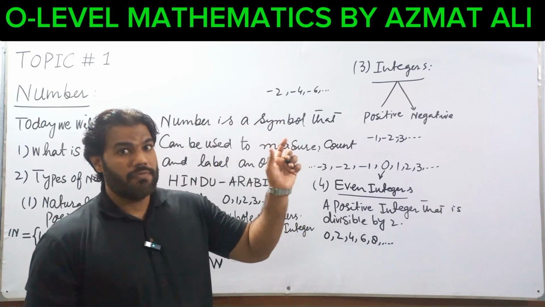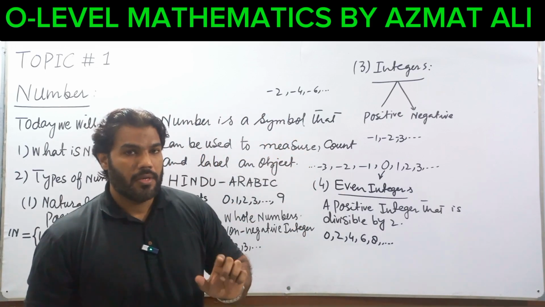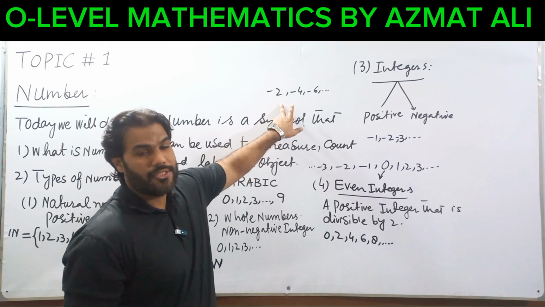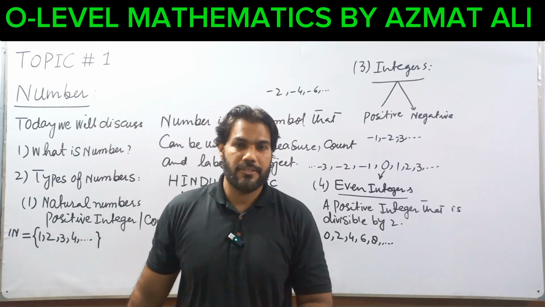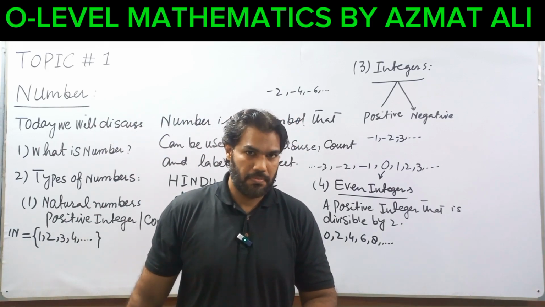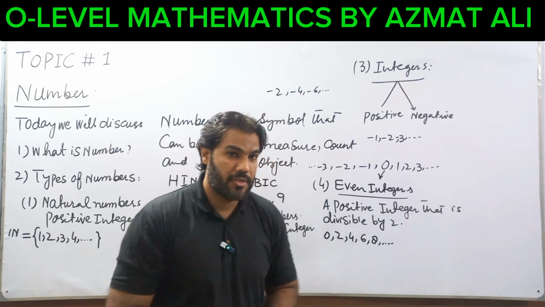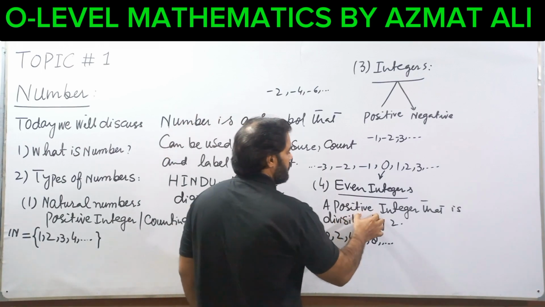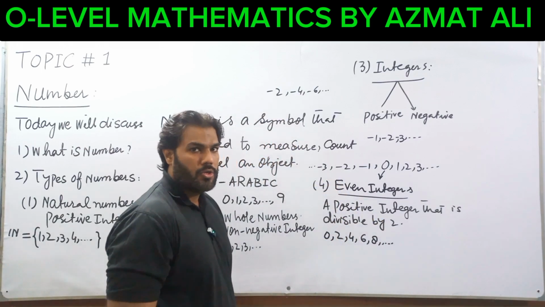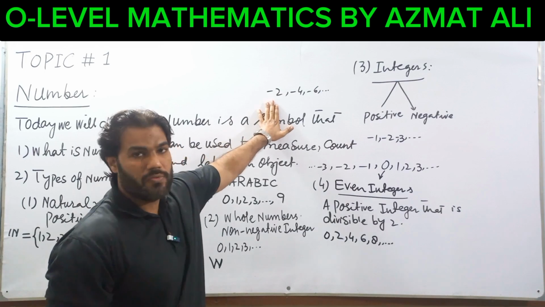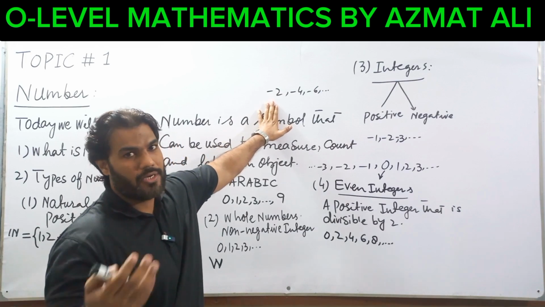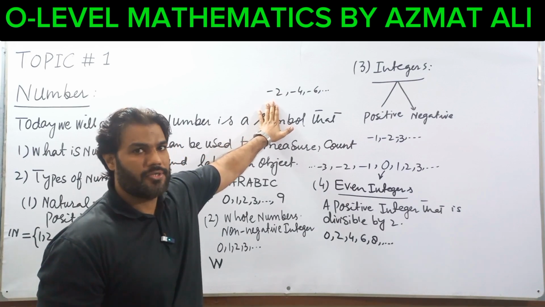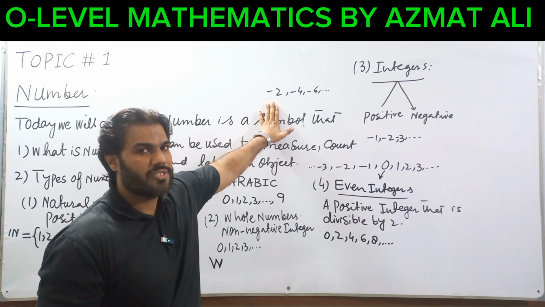Although they are all divisible by 2, these integers cannot be taken as even integers, because the first condition for an even integer is that it should be a positive integer. So we cannot consider them even integers because they are not positive.